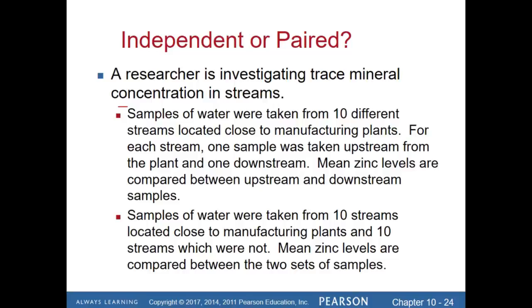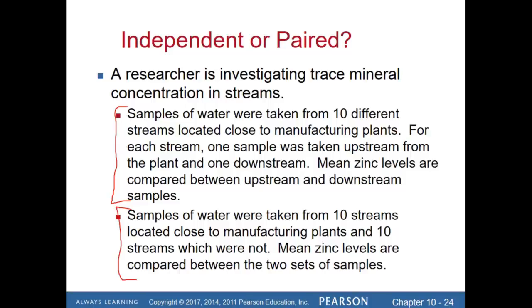In the first example, the first bullet point, do we have a way that we can logically match up one water sample in one group with one water sample in another group? And I think, yeah, we do, because we have a pair of samples taken from each stream. The way they differ is whether they're upstream or downstream of the manufacturing plant. So we can match the samples in the two groups up by stream.